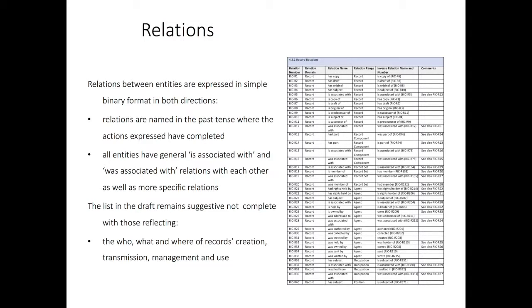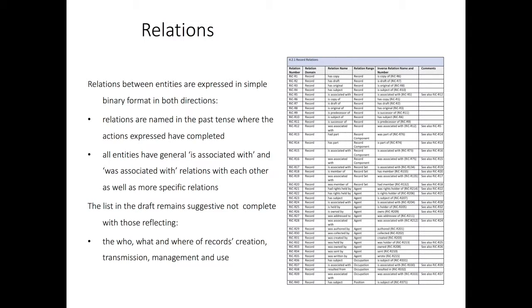There is a general "is associated with" relation between all entities and between an entity and itself. And all the other relations are more specific statements of relations between entities. Where a relation reflects actions that were logically completed in the past, they're expressed in the past tense.